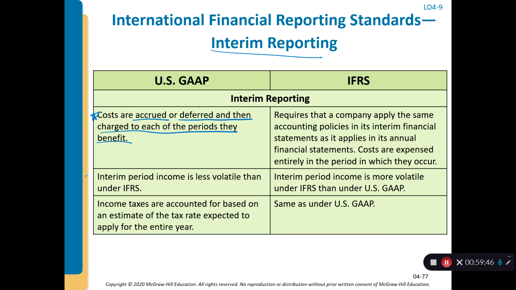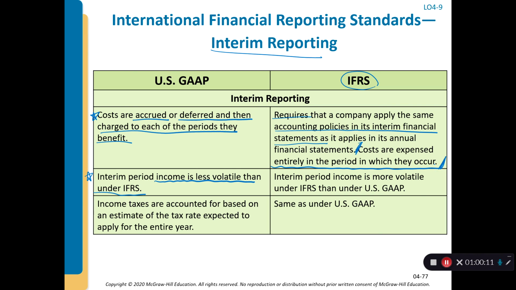In other words, in the interim report, the income is going to be less volatile than under IFRS. This is because under IFRS, it requires that the company apply the same accounting policies in the interim financial statements as it applies in its annual report, especially the costs that are expensed entirely in the period when they are incurred.